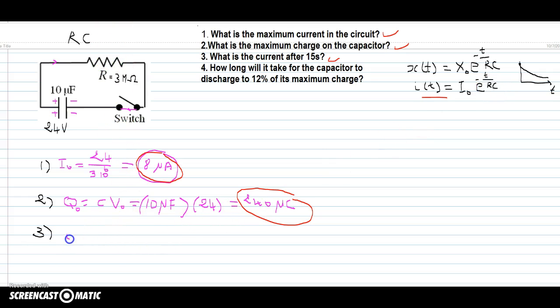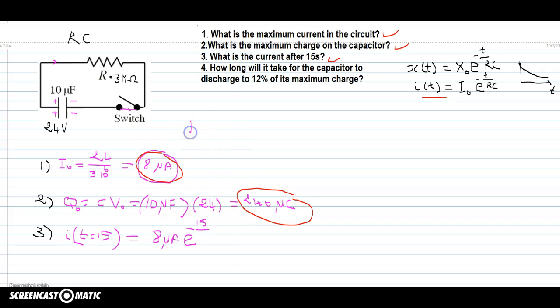The current I of t when t is equal to 15 seconds. So I'm going to substitute. That is I0, which we have calculated to be 8 microamps, exponential minus t, which is 15, over RC. What is RC?